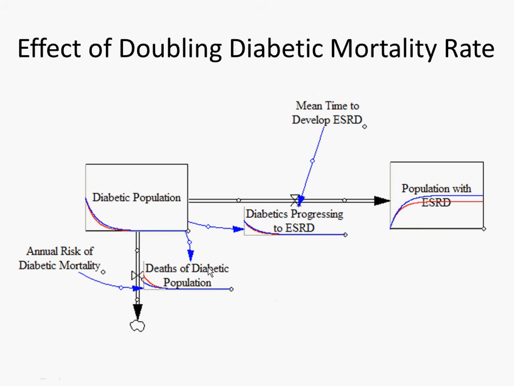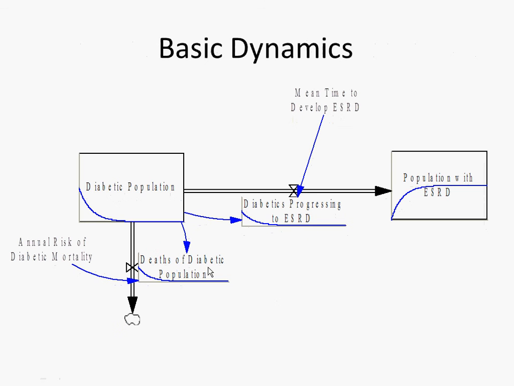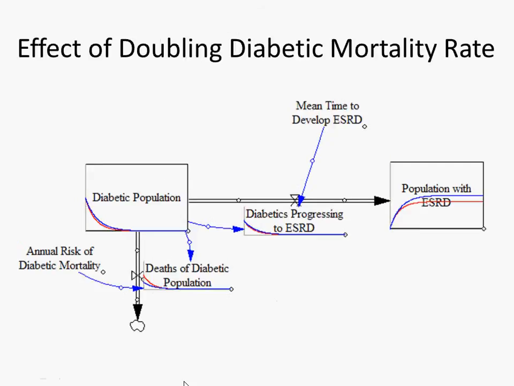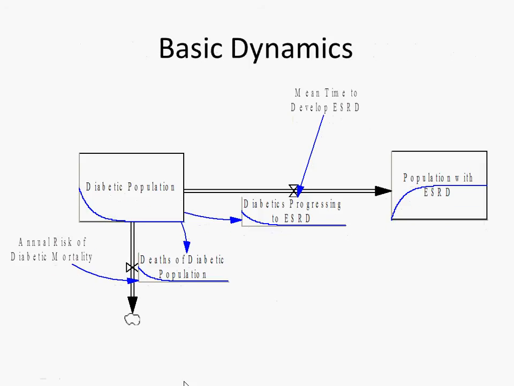So, suppose you tell me, a Gedanken experiment. Suppose we were to double the risk of diabetes, right? Yeah, diabetic mortality rate. Gosh, that's, let's flip the Gedanken experiment around. Suppose we were to halve diabetic mortality rate.